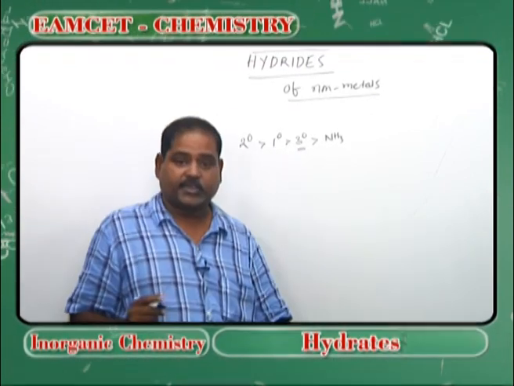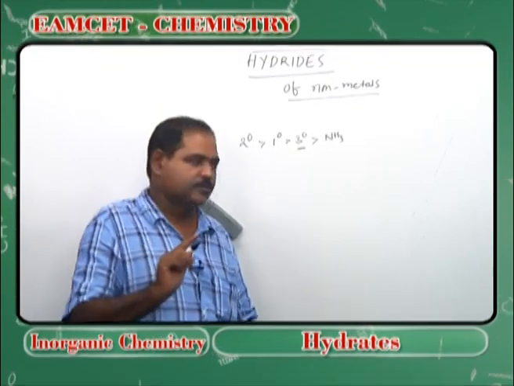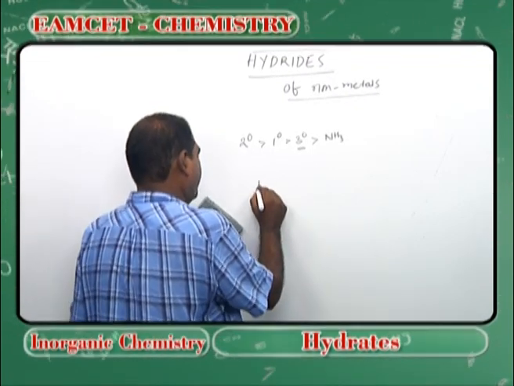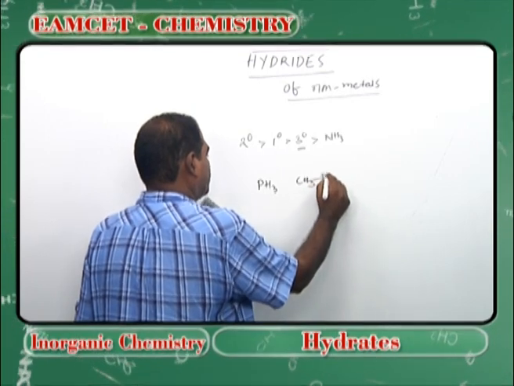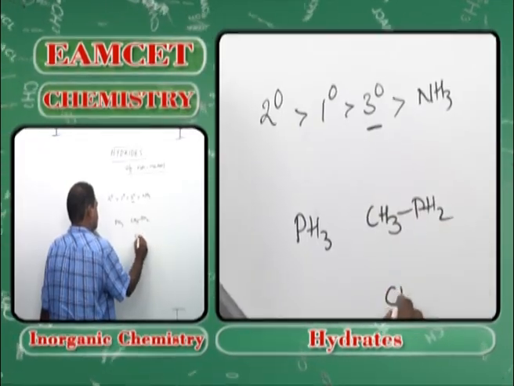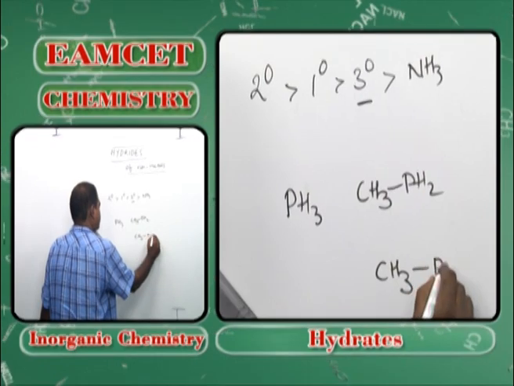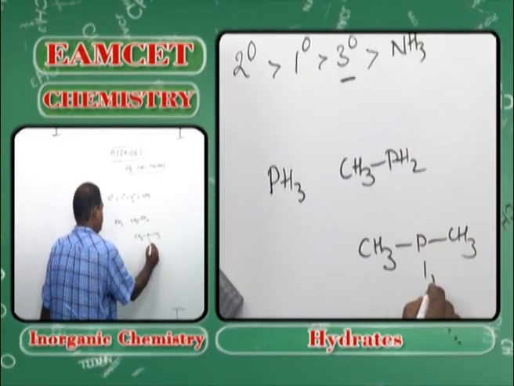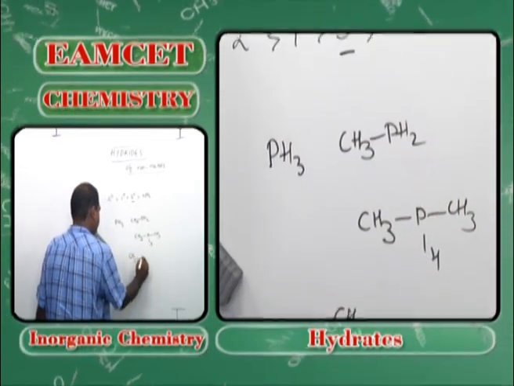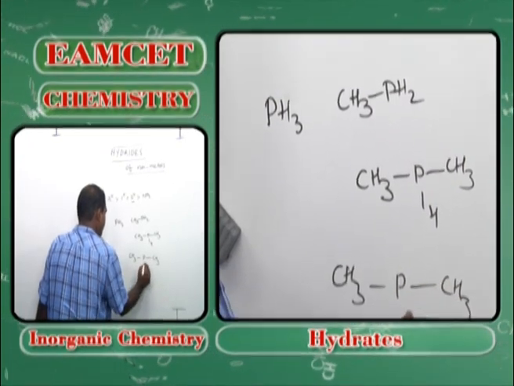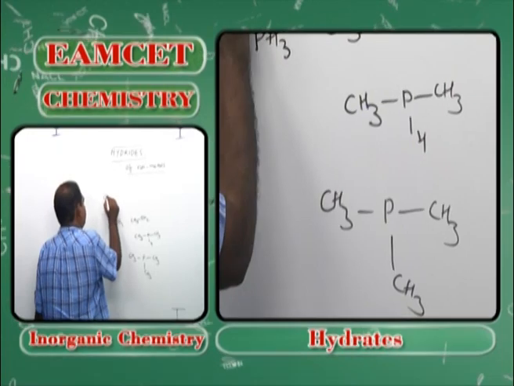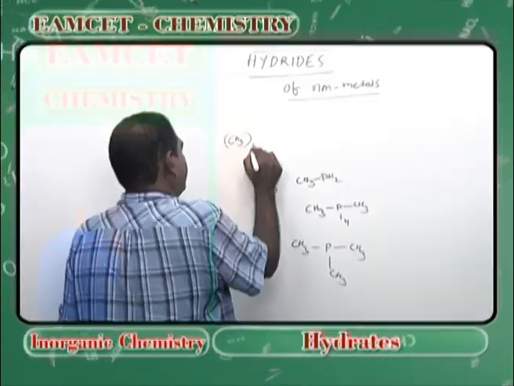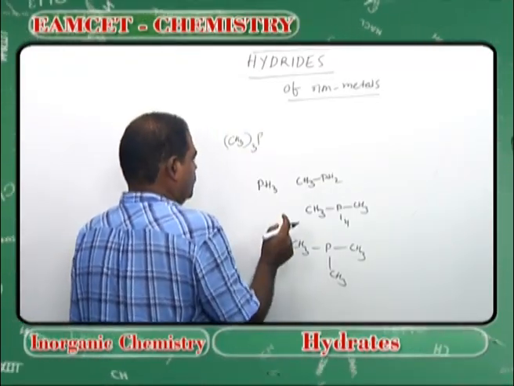The concept I want to discuss now is what happens in phosphorus. PH3, methyl phosphine, a primary phosphine, CH3 secondary, tertiary. Here we expect the same order to be there, with CH3 thrice on P. I am talking about this.